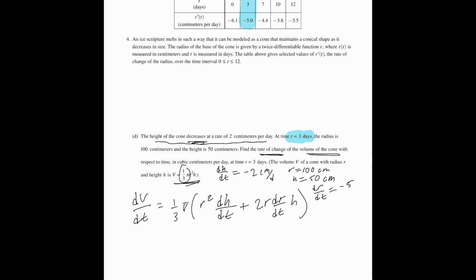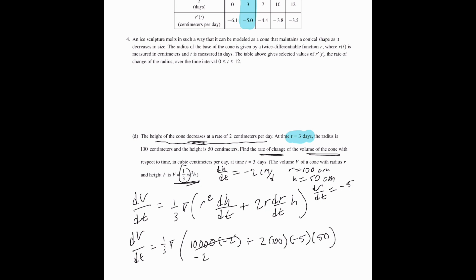So now what we have to do is plug in these values. So our change in volume with respect to time is equal to 1/3 pi. Okay, so 100 squared is 10,000, dh over dt is negative 2, plus 2 times 100, dr over dt is negative 5, times 50. All right, so let's see.